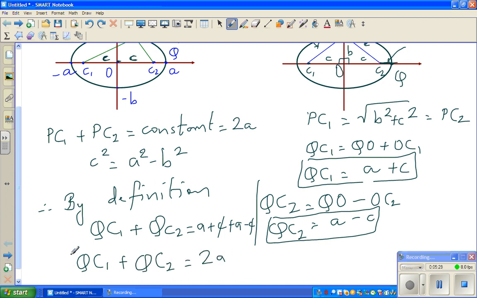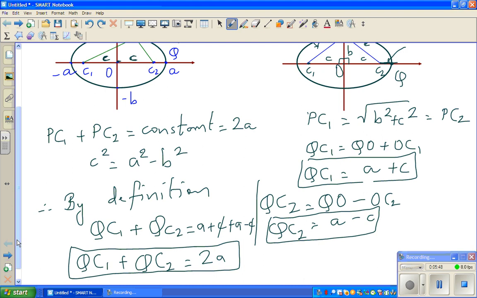This is a very important result: the sum of the distances of any point from the foci is equal to 2A.